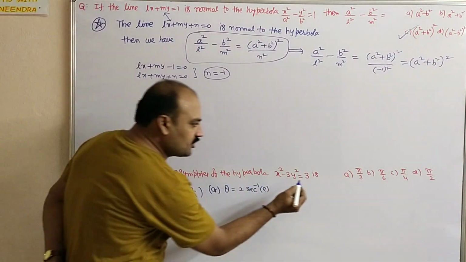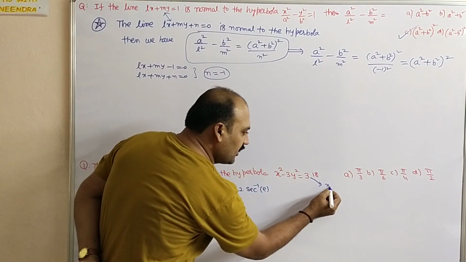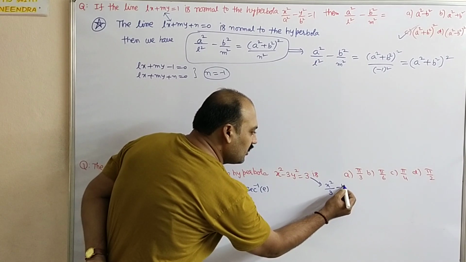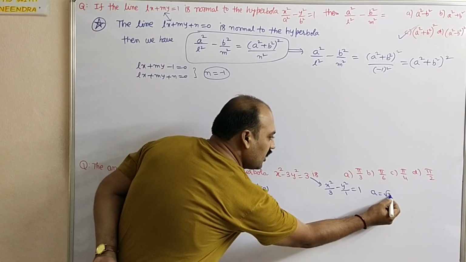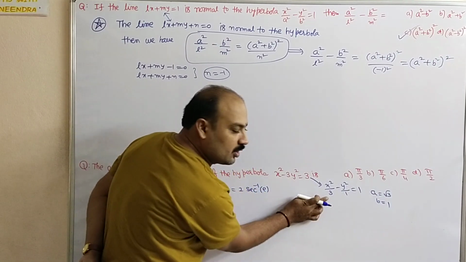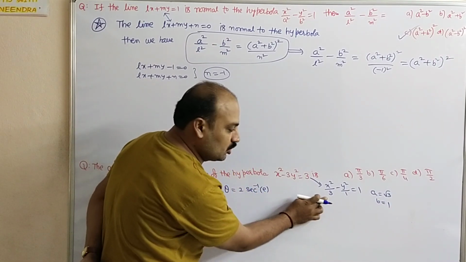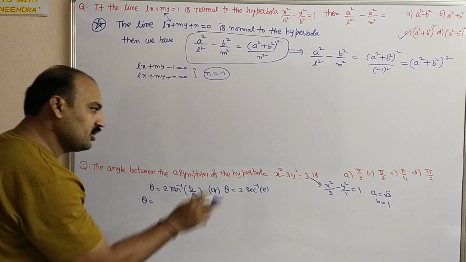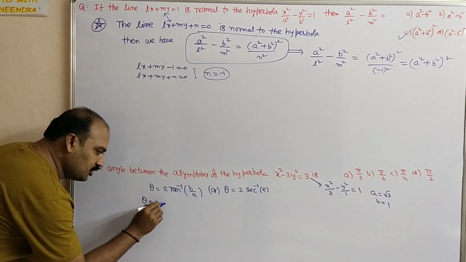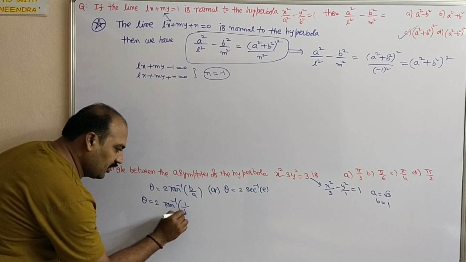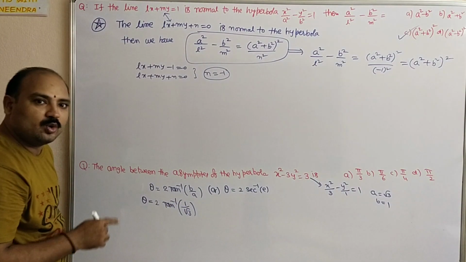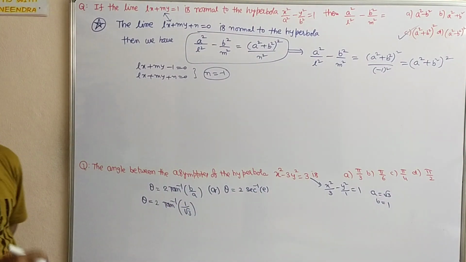If you convert this equation into the standard equation, x square by 3 minus y square by 1 equal to 1, where a square equal to 3, so a equal to root 3, b square equal to 1, b equal to 1. Substitute the respective values: 2 into tan inverse of b by a, that means 1 by root 3. 1 by root 3 in terms of tan, for what angle will it come?